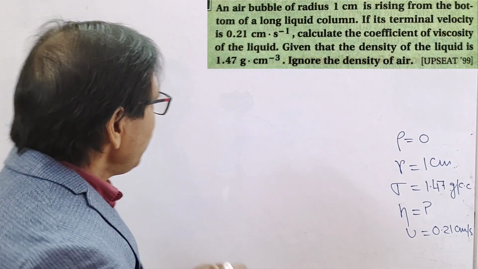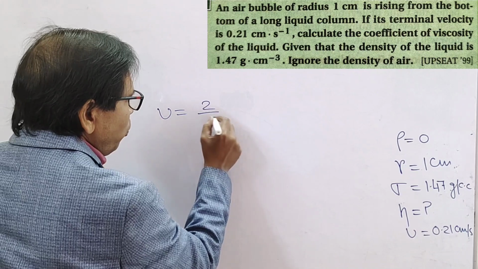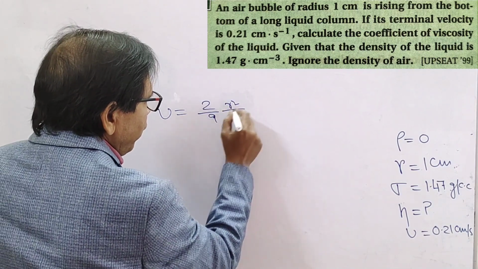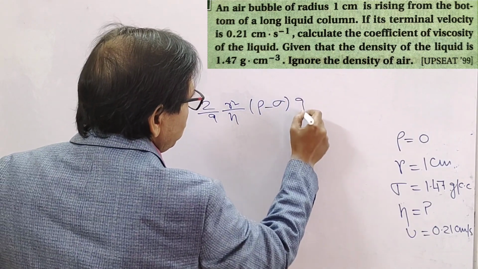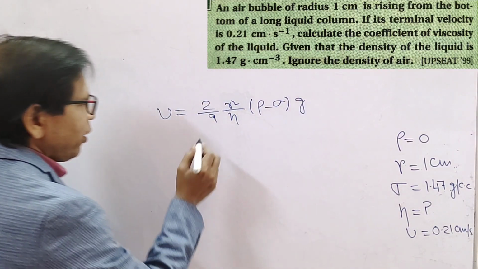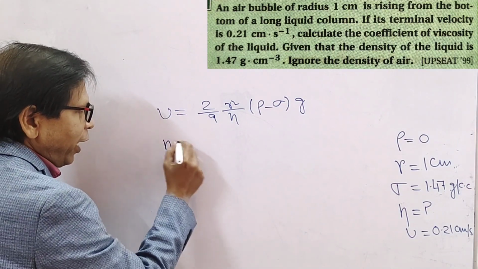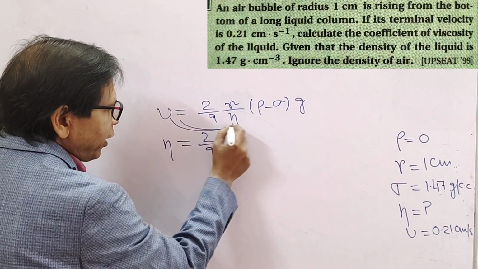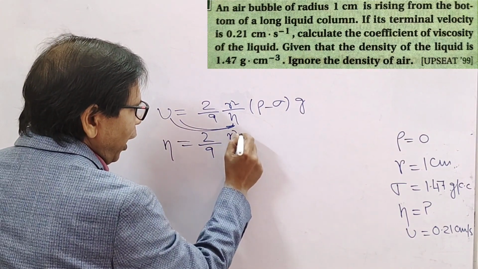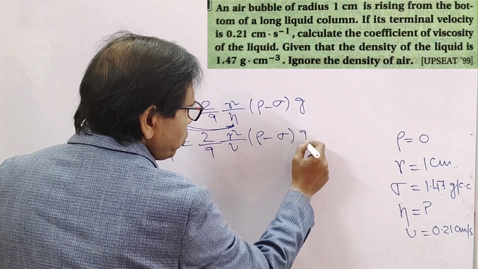Look at this. We know that terminal velocity v equals 2 by 9 r square by eta into (rho minus sigma) into g. From this expression we get eta equals 2 by 9, with eta and v interchanged, r square by v into (rho minus sigma) into g.